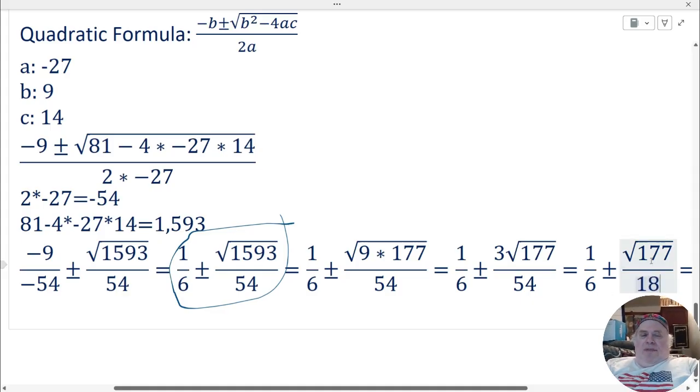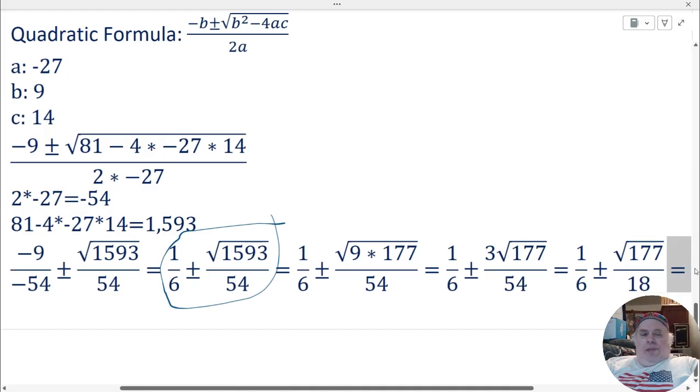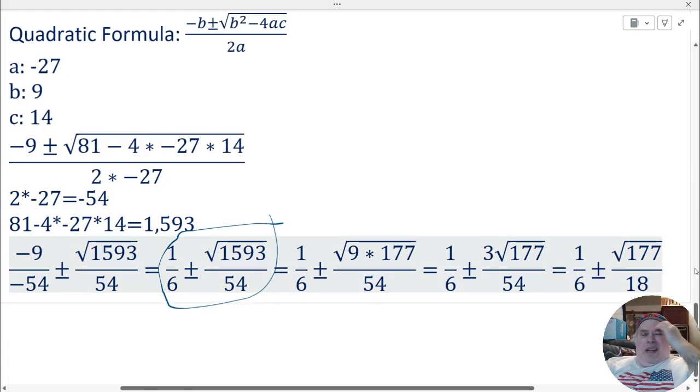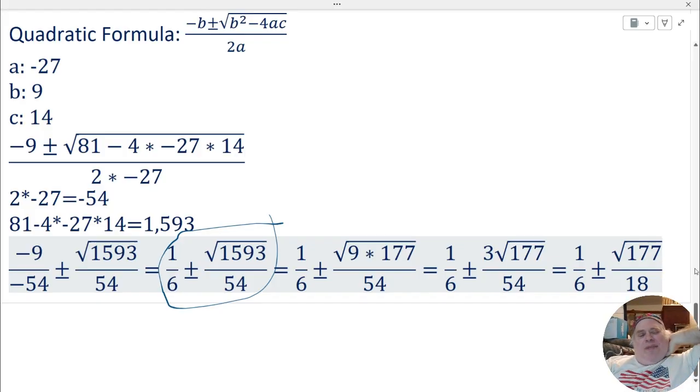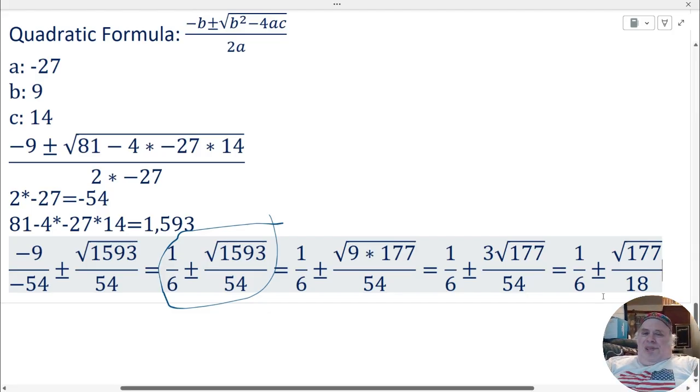Now you can factor 177 further, but it becomes 3 times 59, which is not very interesting. So this is with the square root maximally reduced in a useful way.